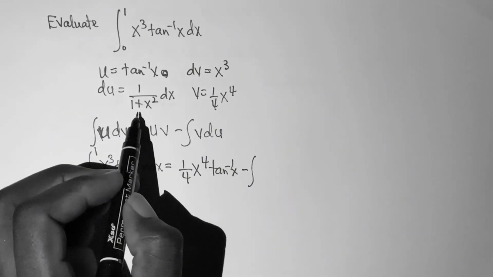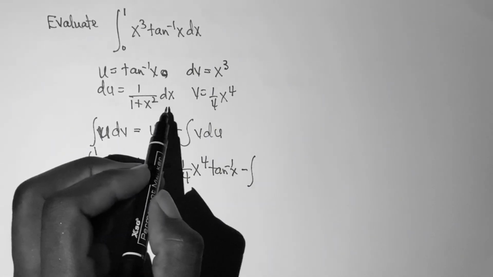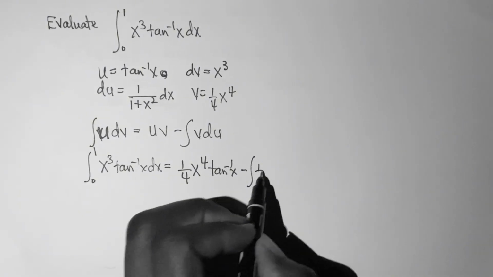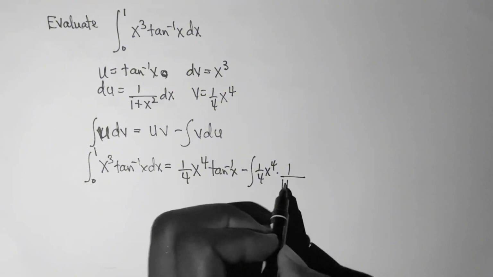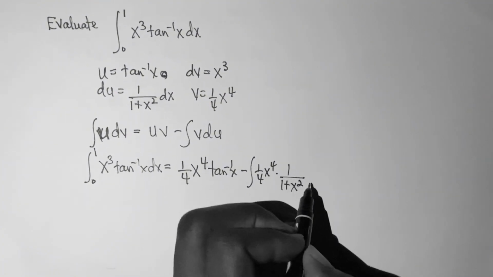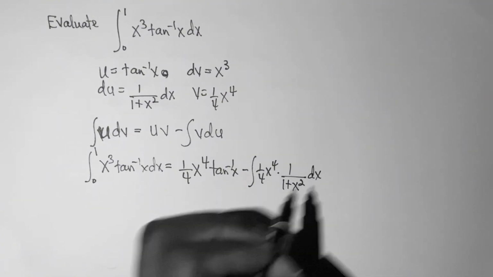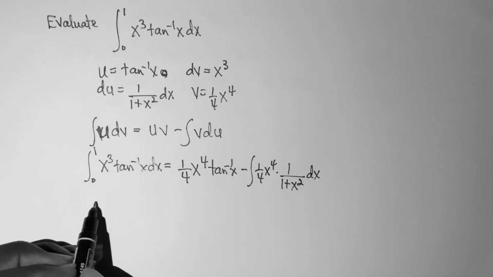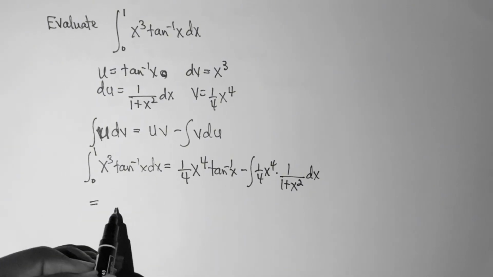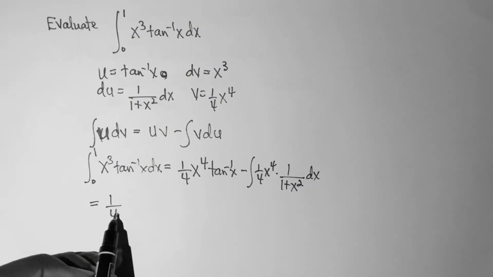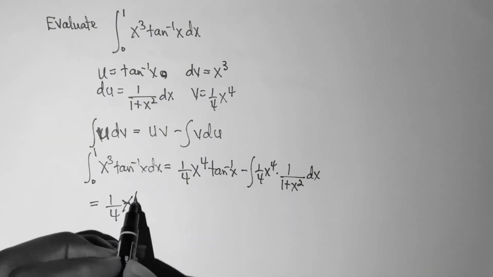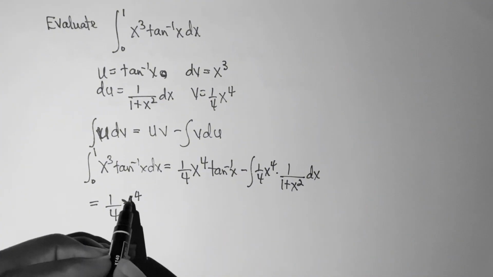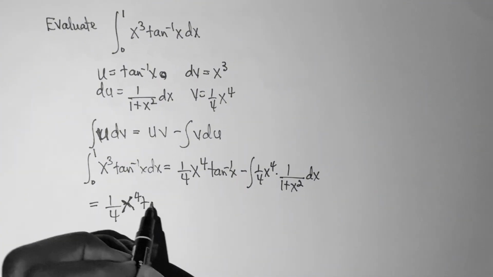Du is 1 over 1 plus x squared dx. So this becomes 1 over 4 x exponent 4 times 1 over 1 plus x squared, then dx. So the integral becomes, so this is equal to 1 over 4 minus, 1 over 4 x exponent 4, then tan inverse of x.